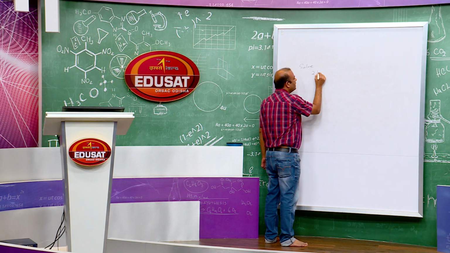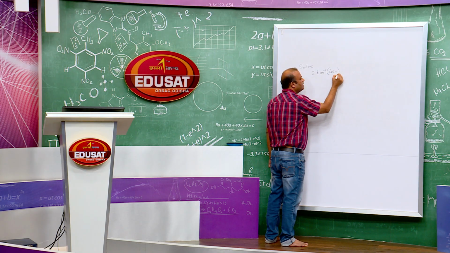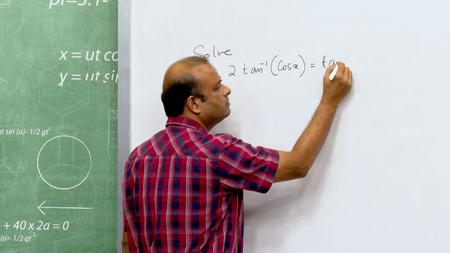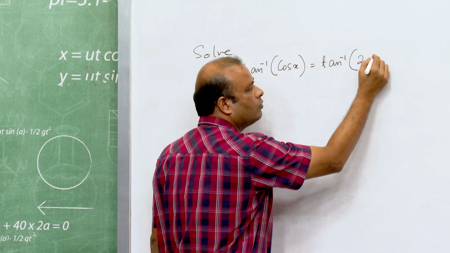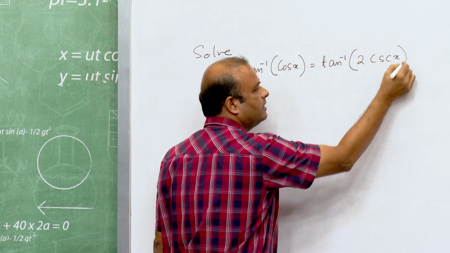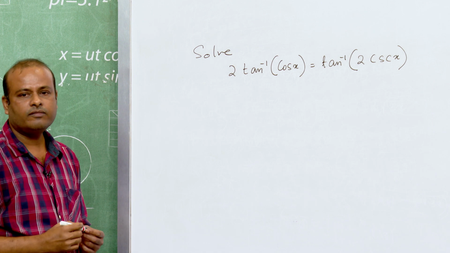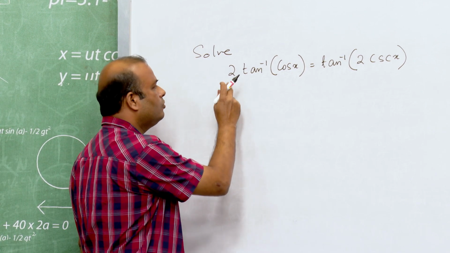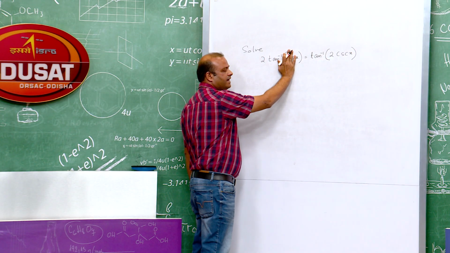So let us solve 2 tan inverse cos x is equal to tan inverse 2 cosec x, right? Here you have to find the value of x. Now you know 2 tan inverse x, let this one be x.